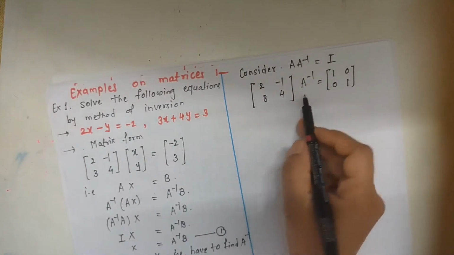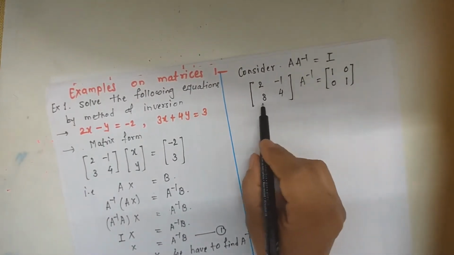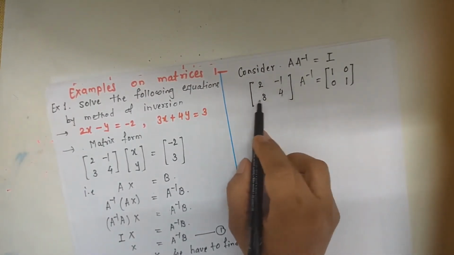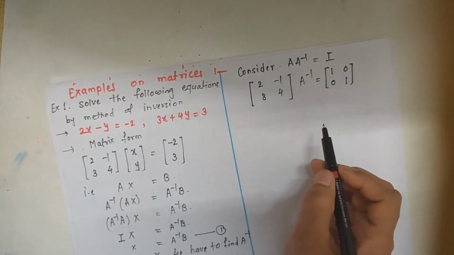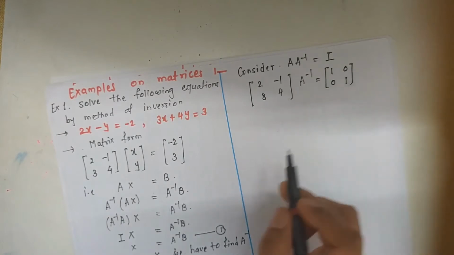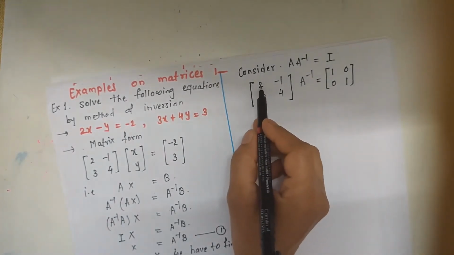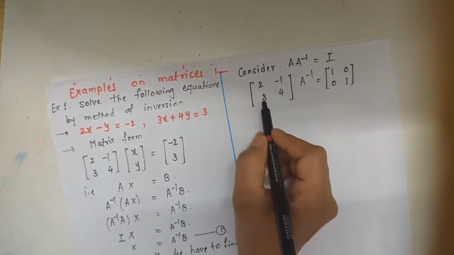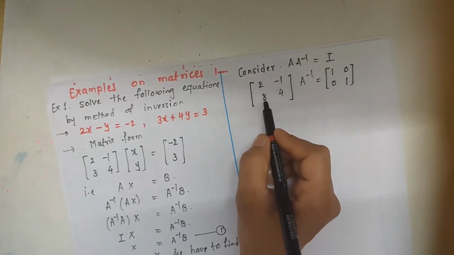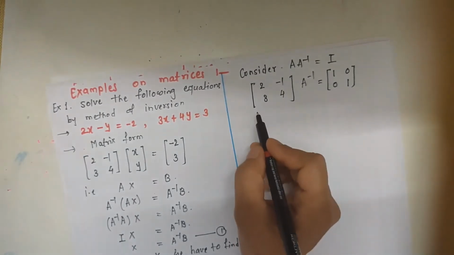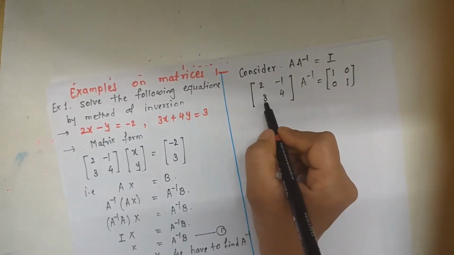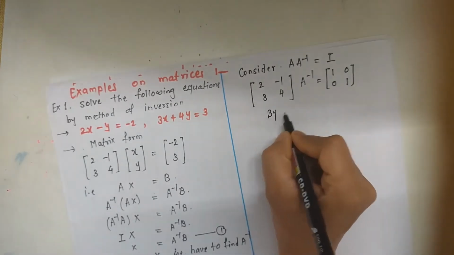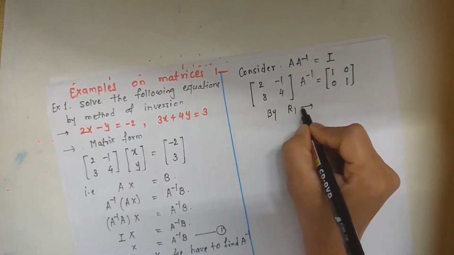Now for finding the inverse, we have to reduce this matrix to the identity matrix. The elements of the identity matrix are 1, 0, 0, 1. So converting these two elements to 1 and these to 0. But here the first element is less than the second element in the second row. So R1 and R2.